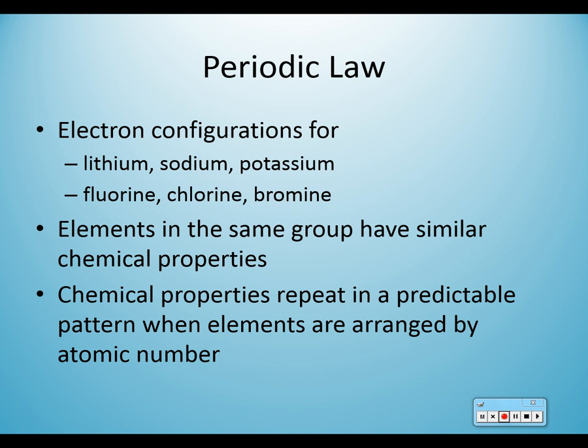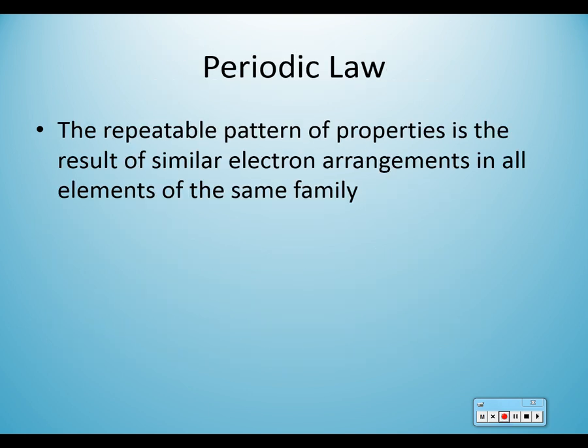And then, what we find out, looking at the electron arrangements represented by the electron configurations, is there is a repeatable pattern of properties because there are similar electron arrangements in all elements of the same family. So similar electron arrangements. Really good.